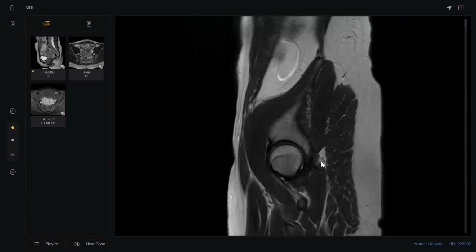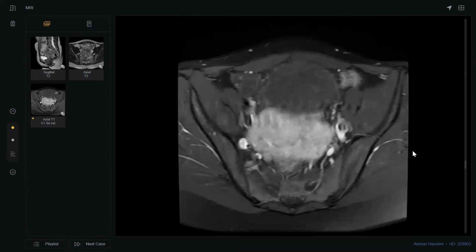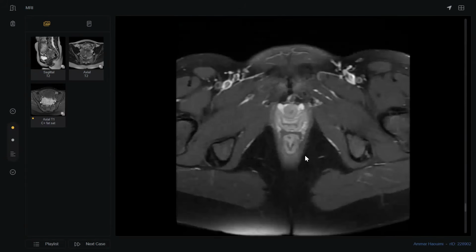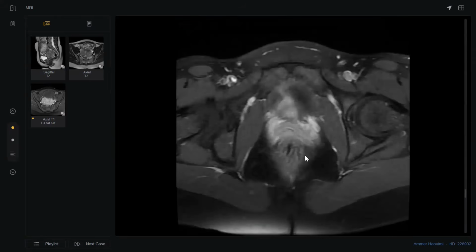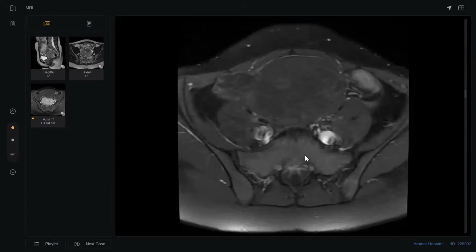Sir, any other post-contrast images available? This is the contrast. On the post-contrast images, these show marked enhancement without any areas of necrosis.